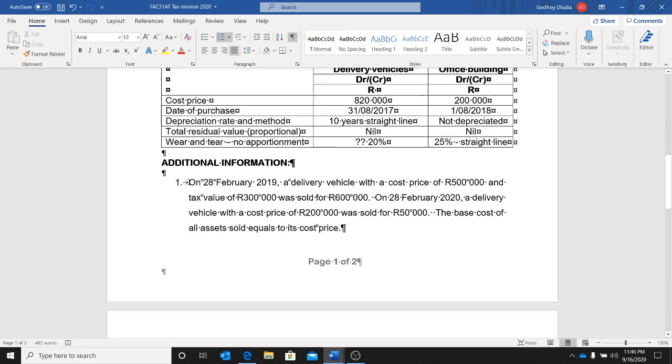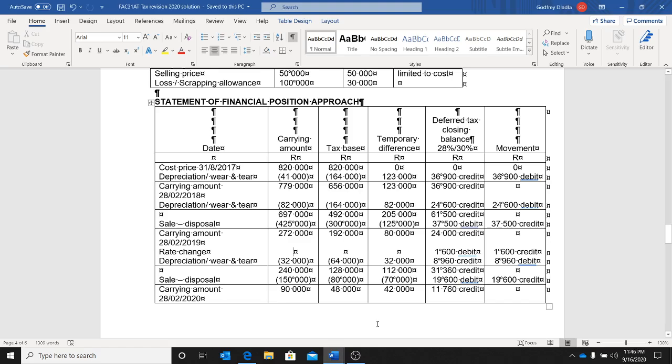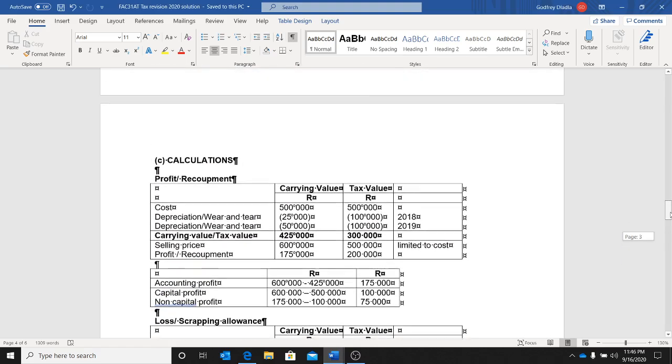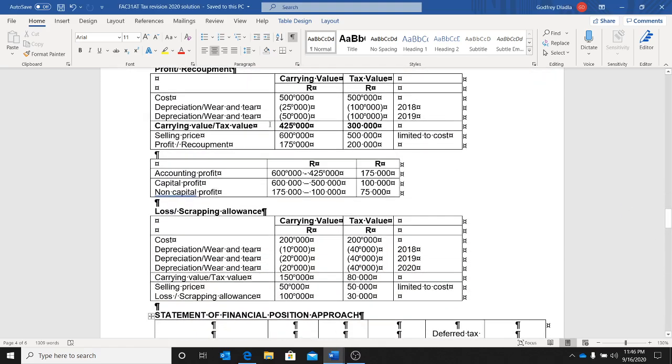Here it is, what I'm talking about, this sale here. Right, this sale occurred, and when you look at the calculations in relation to that one, it's talking about this. When you sold the asset, the carrying value and the tax value were these ones here. Right, so that is the first asset that we sold.